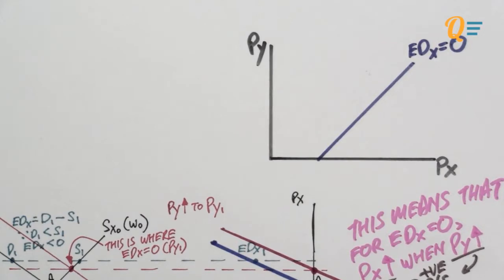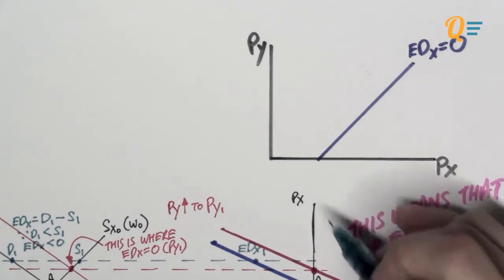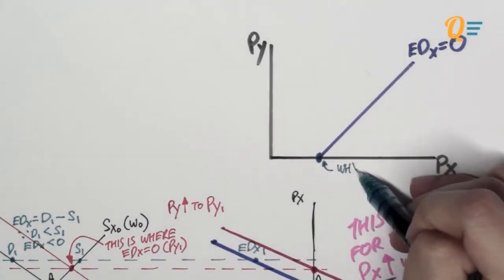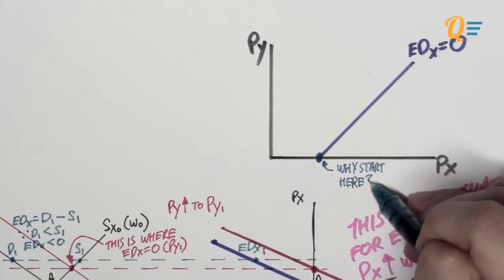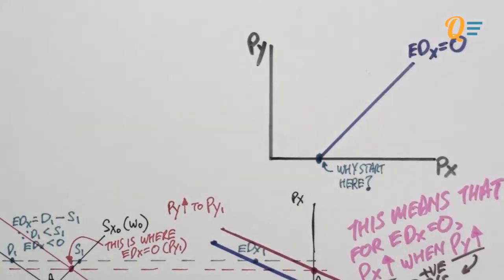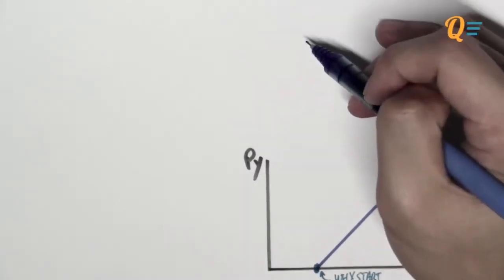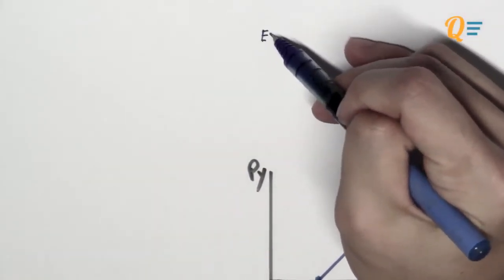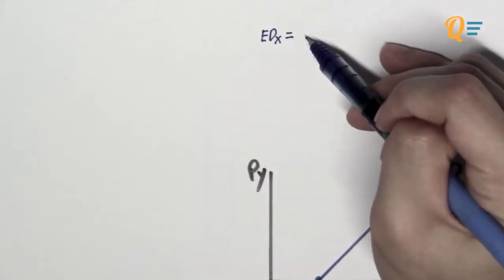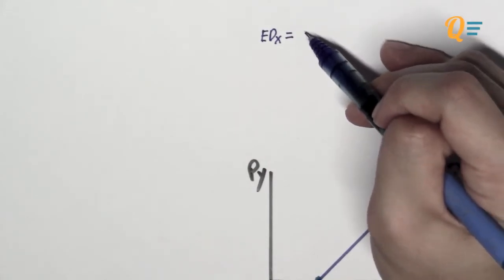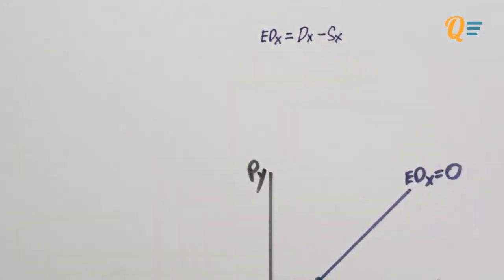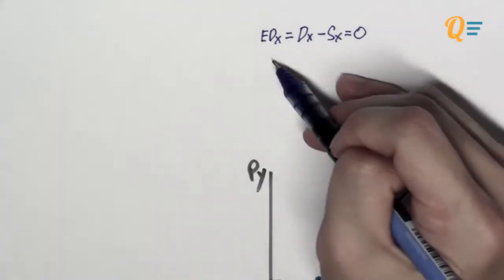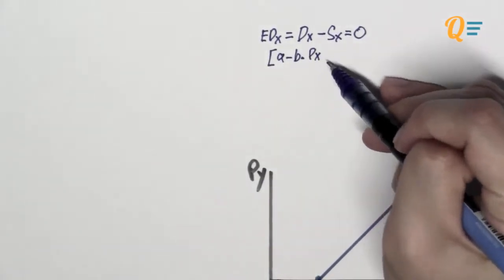One of the obvious questions you might be asking yourself right now is, why does he start here? Why does he begin somewhere in the middle of the horizontal axis? Well, I will need to use the mathematics to show you how I came to this conclusion. So let's go back to the basics. How do you find the excess demand for X? You simply take the demand for X minus the supply of X, and you want this to equal 0 because you're looking for EDX = 0.